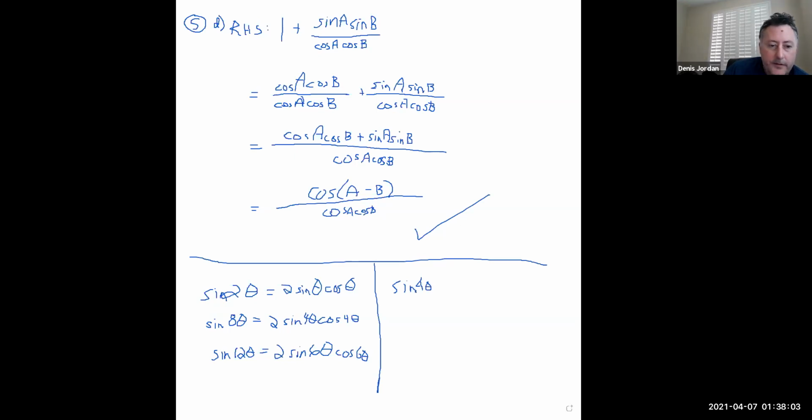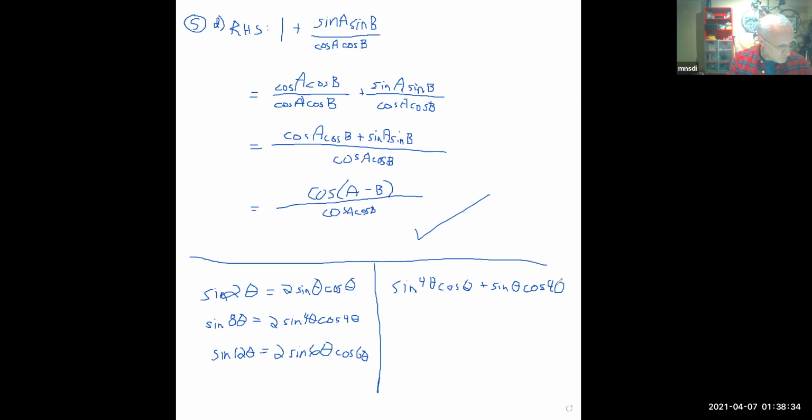Okay, let's try this one. How about sine of 4 theta times cosine of theta plus sine of theta cosine of 4 theta.